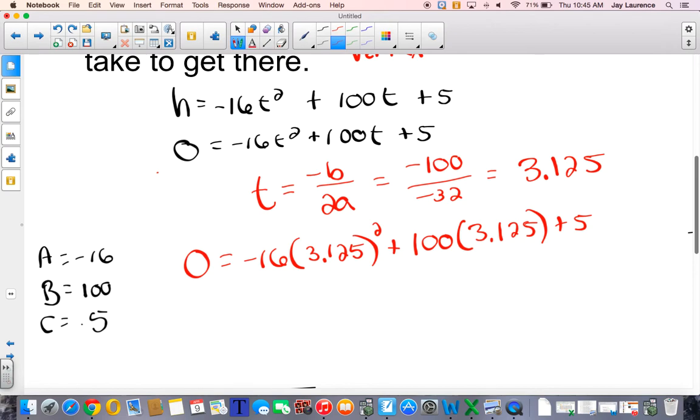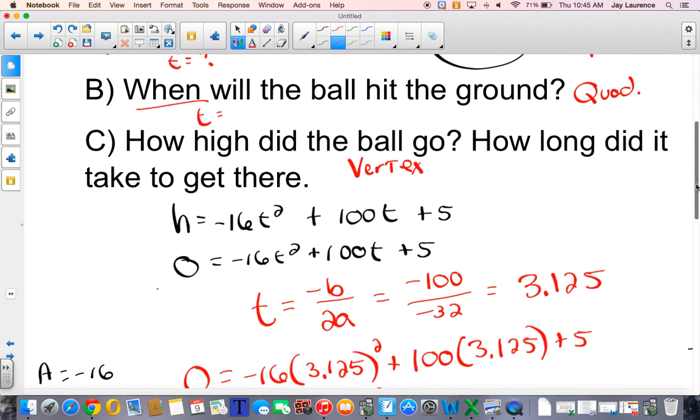And I end up with a height of 161 and a quarter feet. And so that's how high the ball will go. Now, how long did it take to get there? You don't need to go back and use the quadratic formula because you already know right there. So it'll take 3 and 125 thousandths seconds. Or if you convert that to a fraction, it's going to be 3 and 1/8 seconds.